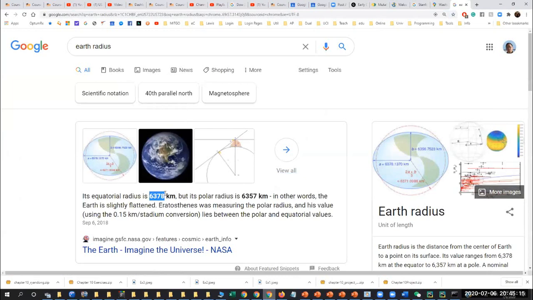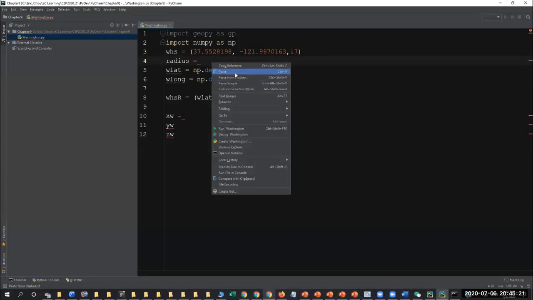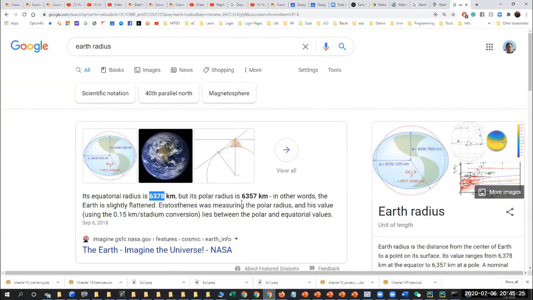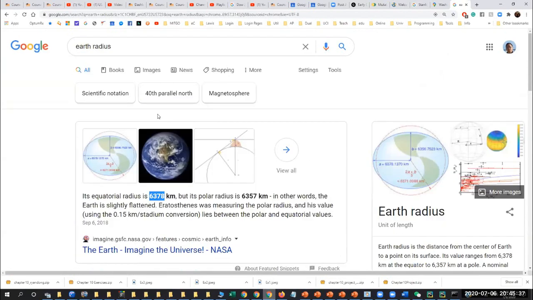Let's just use this number, because we are not trying to do everything correctly. There are several ways to measure it, a longer one and a shorter one, so let's pick the equator one. People may use theta or phi, whatever. There are a lot of different systems.